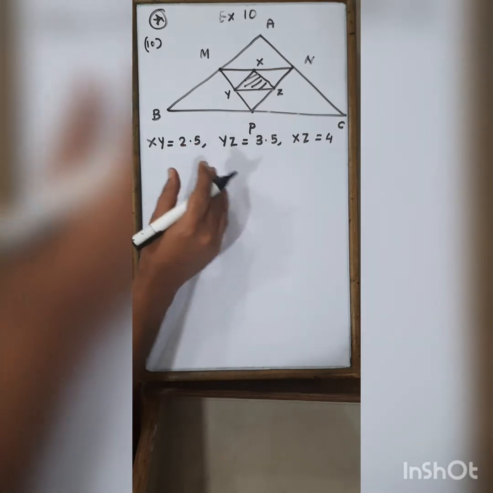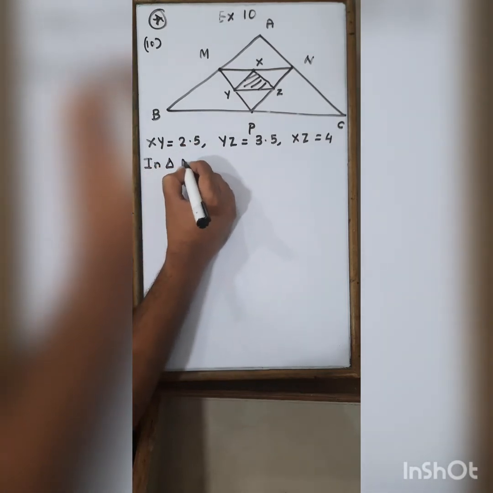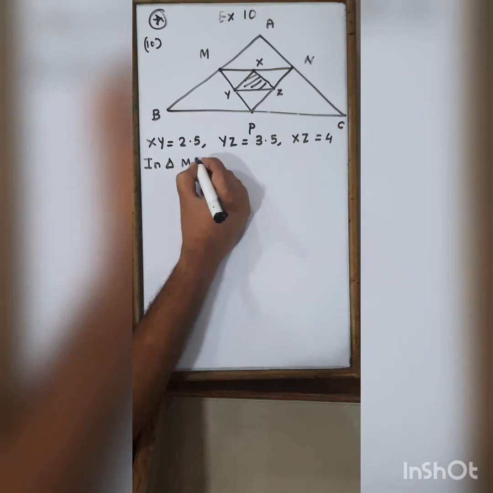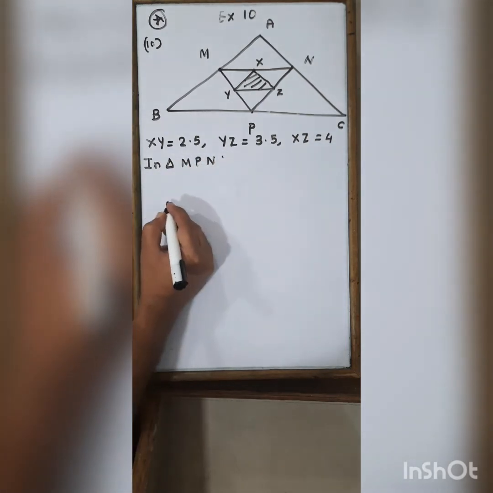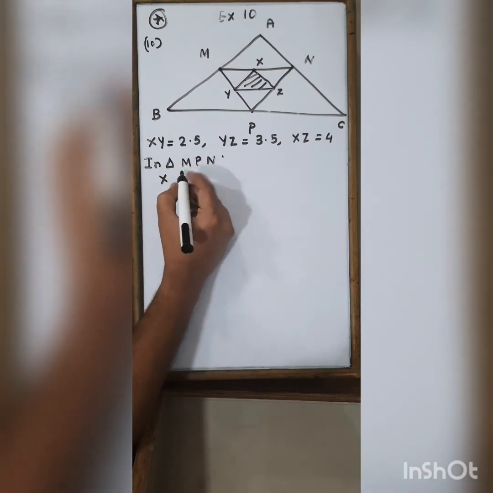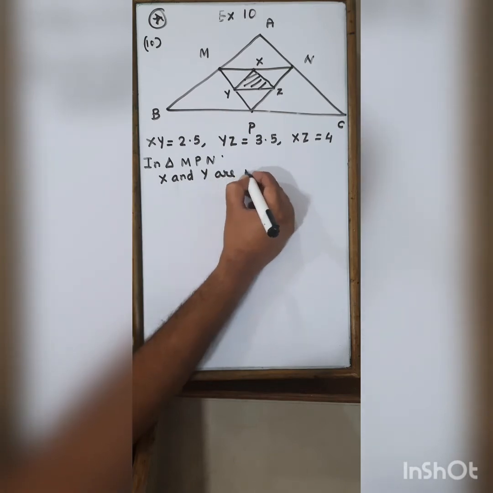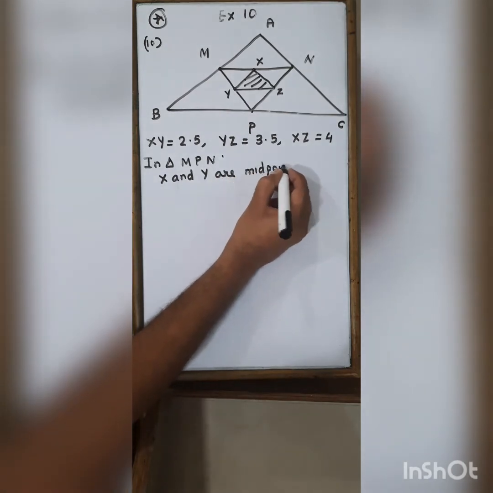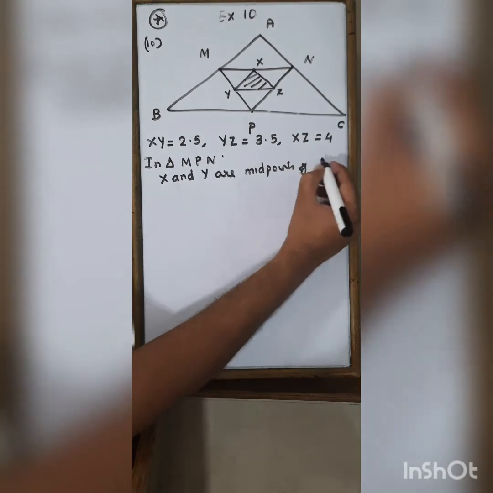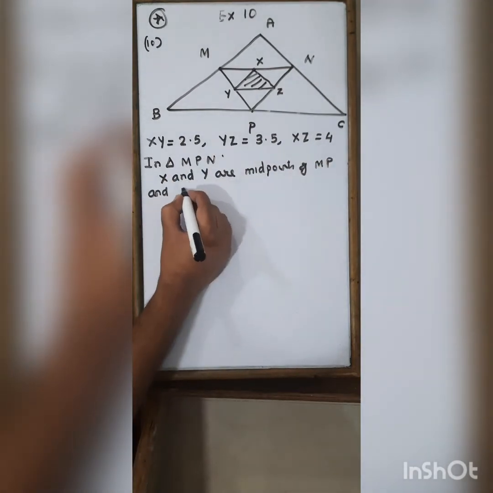So now what we will do, in triangle MPN, X and Y are midpoints of MP and MN.